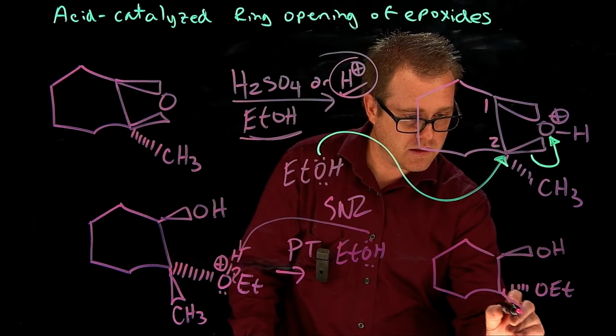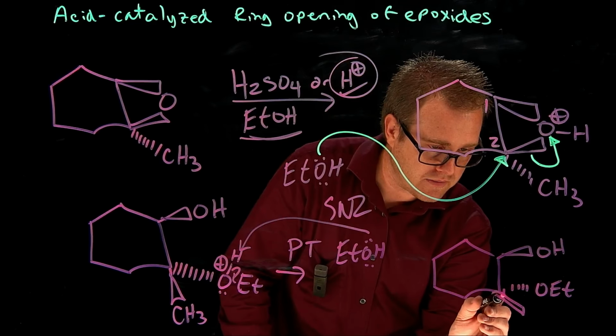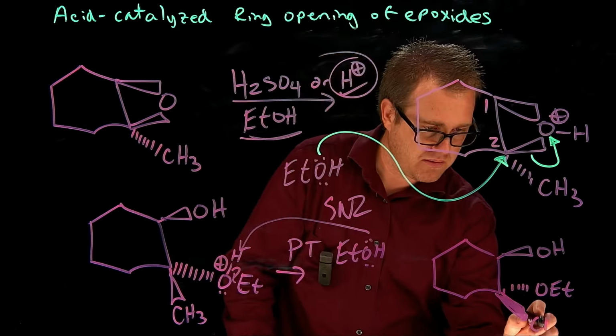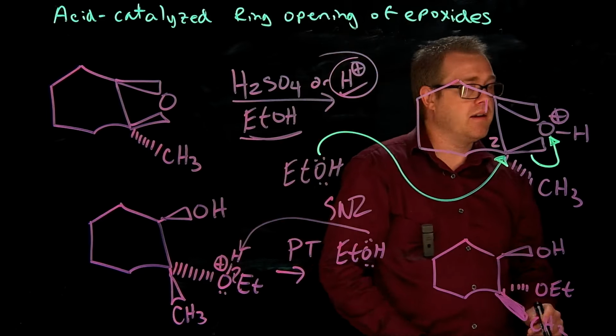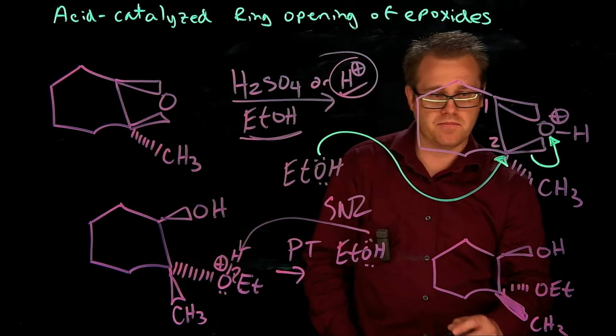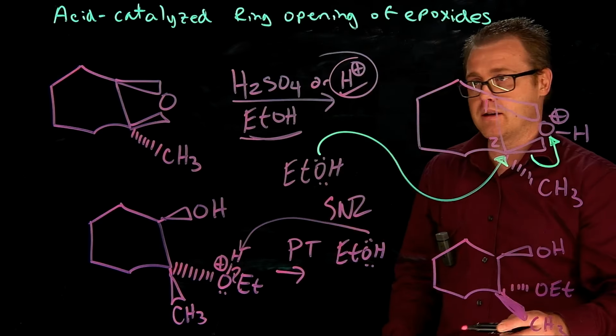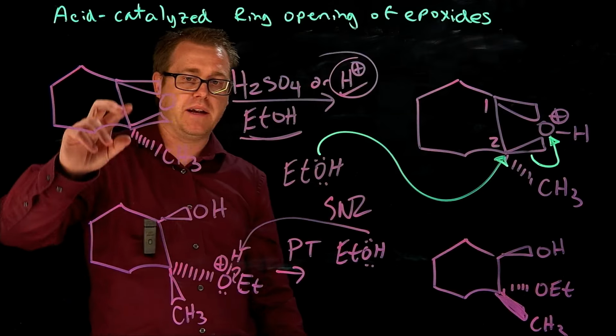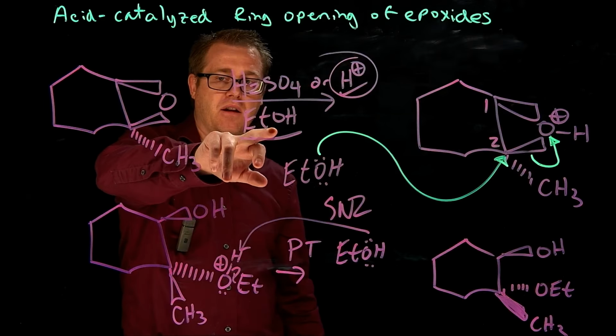There's our ethanol. Not cutting anything off yet. Okay. So there's our wedge. Messy looking wedge, but it's still there. And then we have our methyl group. So that would be our product. So you see, we have regiochemistry. Where's the ethanol going to attack?